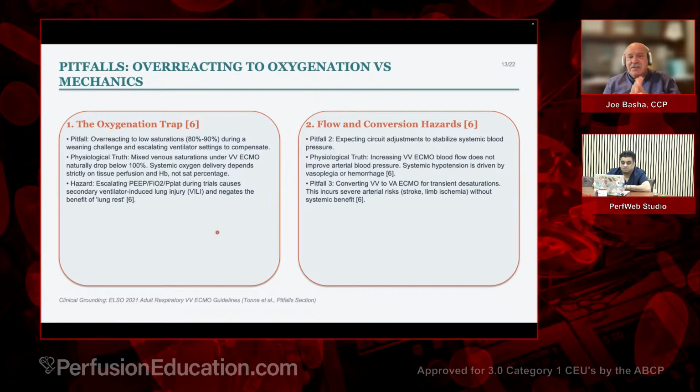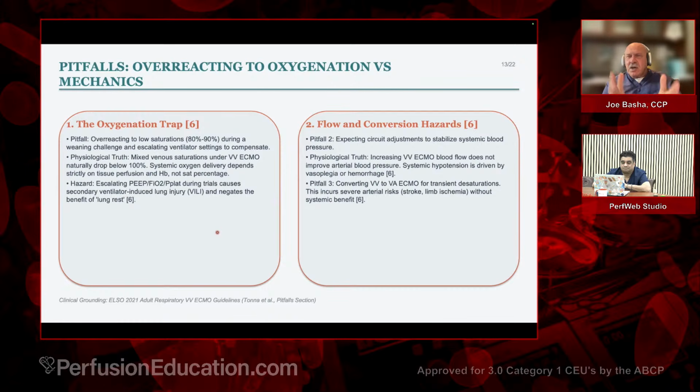Physiological truth: mixed venous saturations under VV ECMO naturally drop below 100%. Systemic oxygen delivery depends strictly on tissue perfusion and hemoglobin, not saturation percentage, which makes sense. So long as you have a good cardiac output and sufficient hemoglobin, then your DO2 will be just fine, despite having what you think is too low a saturation.